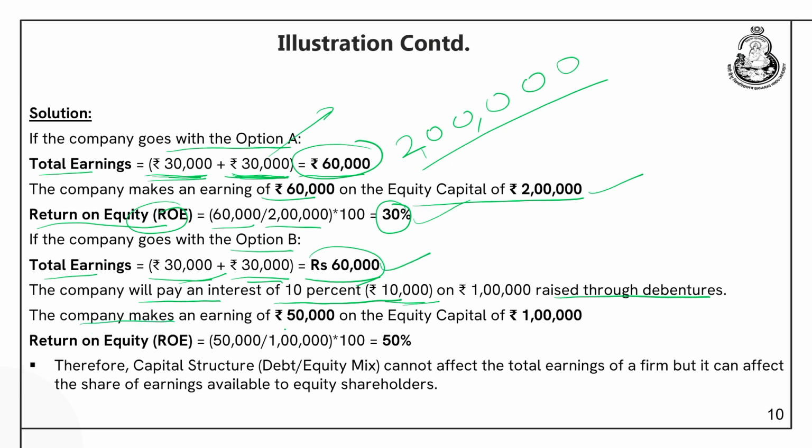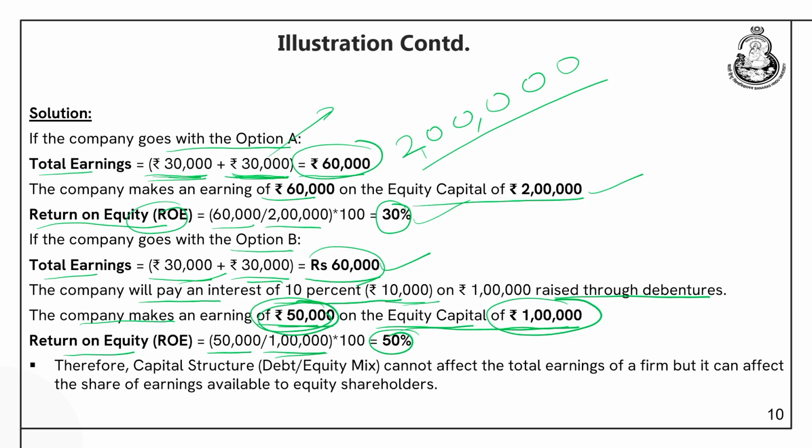So, the company makes earnings of 50,000. How did we get this 50,000? You take 10,000 out of 60,000, and this comes out to be 50,000. So, return on equity capital is 50%. Why? Because you have 1 lakh of equity capital and the return that you are generating is 50,000. So, ROE is 50,000 return on an equity capital of 1 lakh, that is 50%.